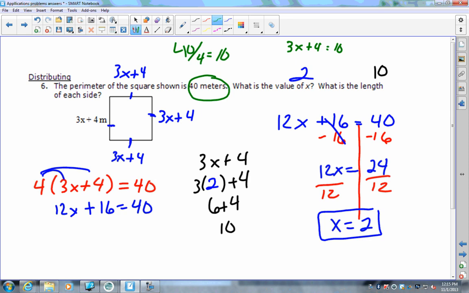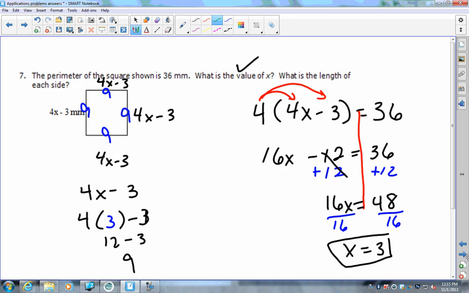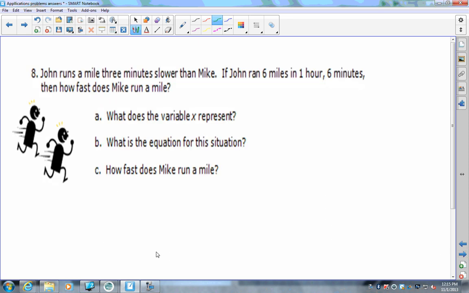Okay? Number 8. All right. John runs a mile 3 minutes slower than Mike. If John ran 6 miles in 1 hour, 6 minutes, then how fast does Mike run a mile?